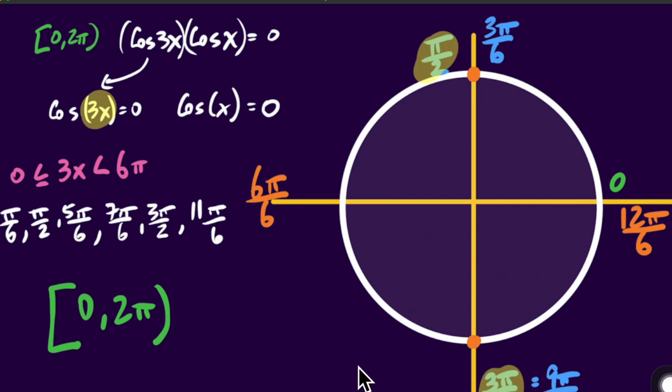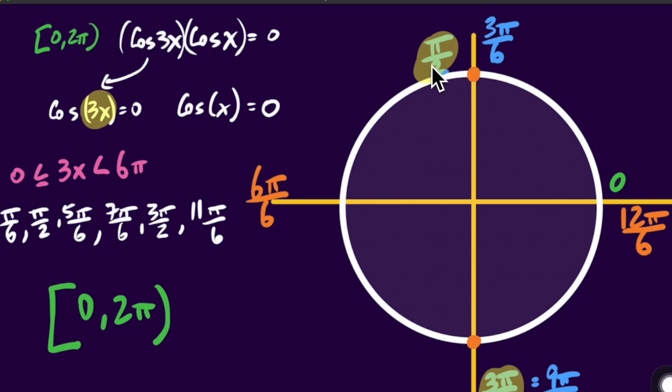But then we realized that we could set 3x equal to another revolution around the unit circle. So instead of setting 3x to pi over 2, we added 2 pi and set 3x to 5 pi over 2, because pi over 2 plus 2 pi is the same as pi over 2 plus 4 pi over 2, or 5 pi over 2.